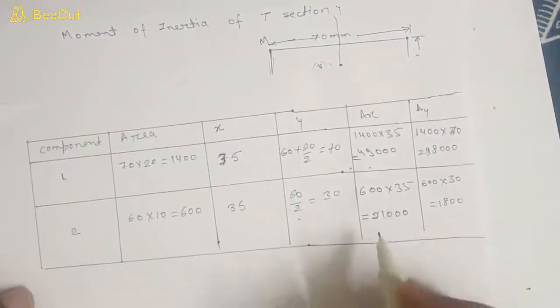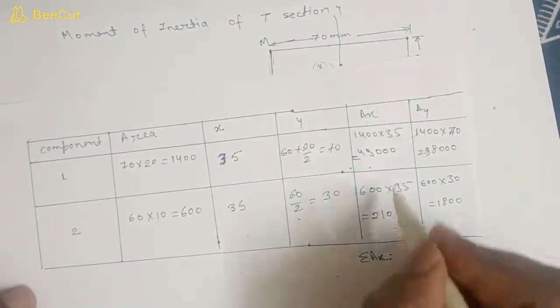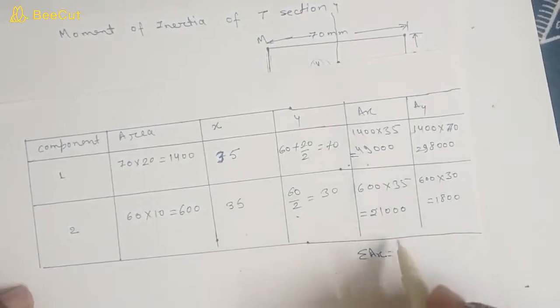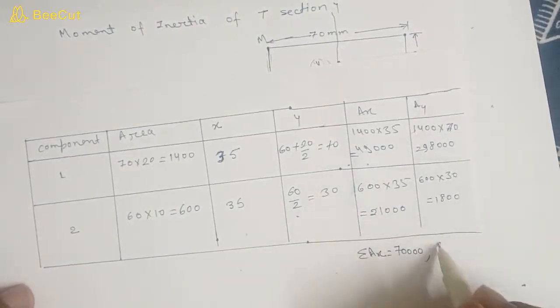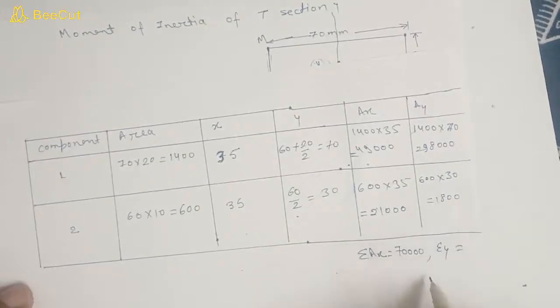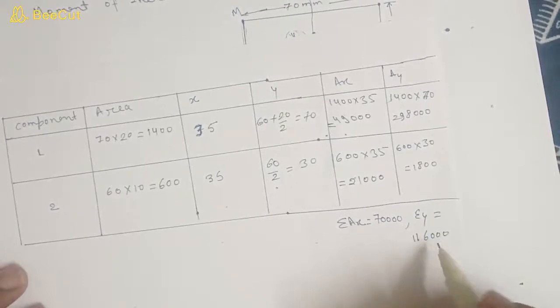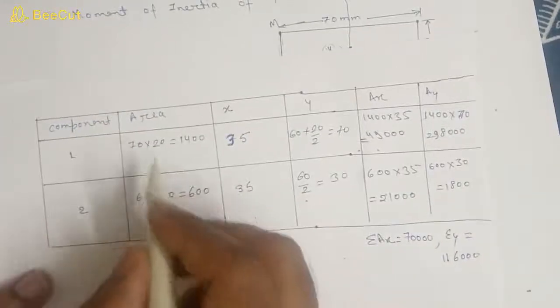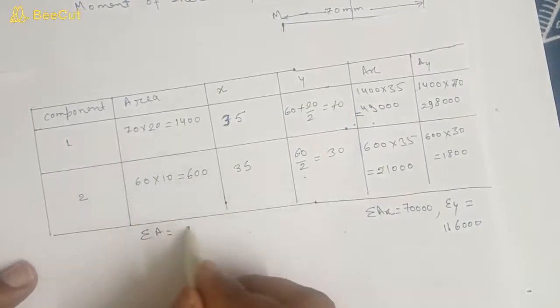So we will do the summation of AX. After we add 21,000 and 49,000 we get 70,000, and after summation of AY we get 116,000. And if we sum these two areas, then we get summation A equal to 1400 plus 600 equal to 2000.